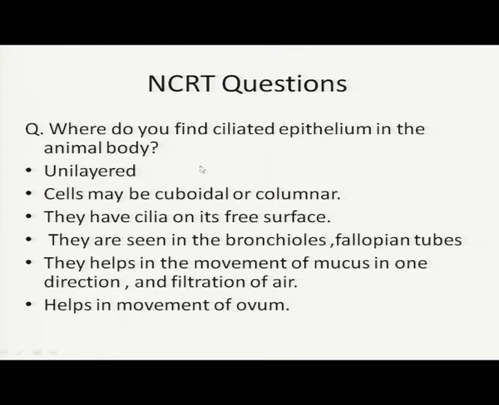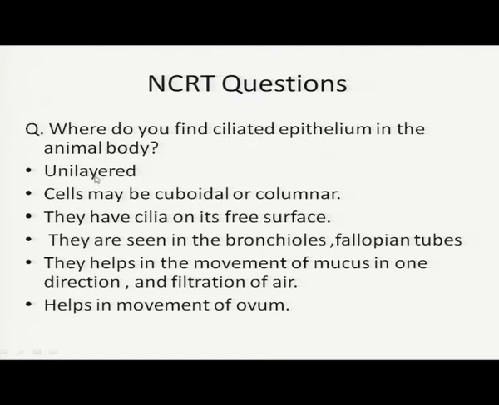Now, coming to some of these NCERT questions. Where do you find ciliated epithelium in the animal body? You have listened to the session, now you can answer. And what are their characters?